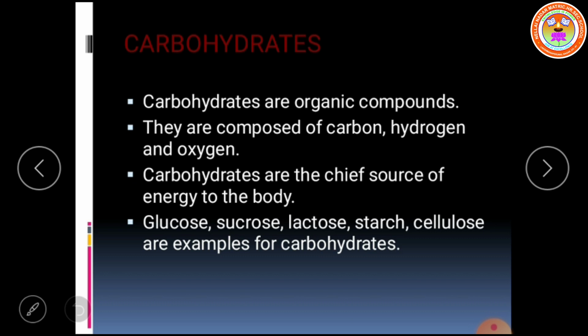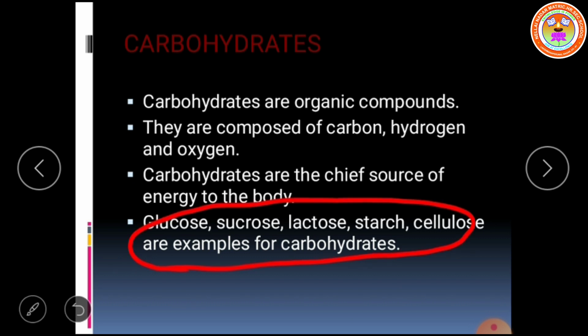Glucose, sucrose, lactose, starch, and cellulose are examples of carbohydrates. Glucose is a very simple carbohydrate.